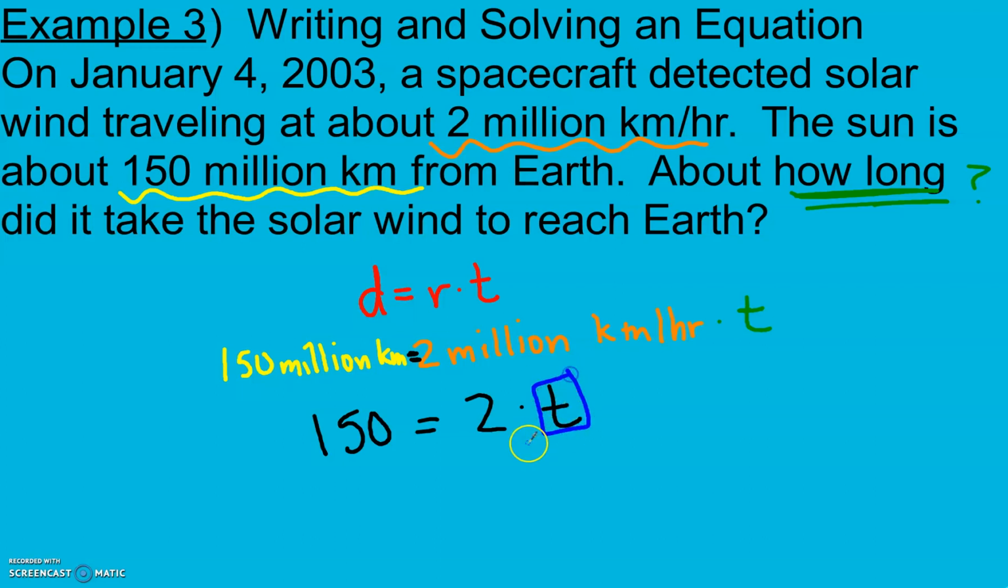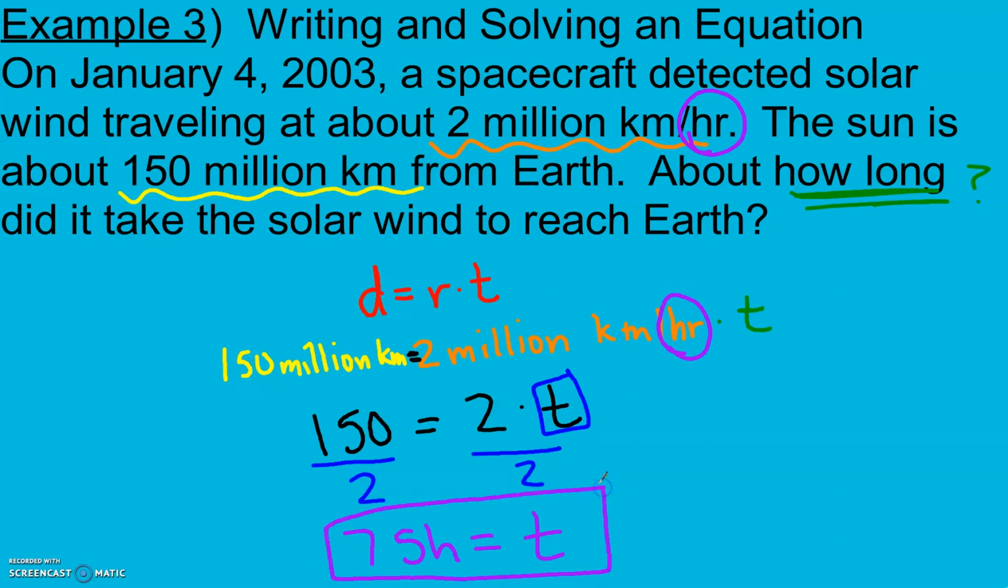T is being multiplied by 2, so we divide by 2, and if I change one side, I change both. Here I get 75 equals 1t, or just t, and that's going to be hours since my label was in hours. So 75 hours for that solar wind to reach Earth. And that's all I have for section 2.6.